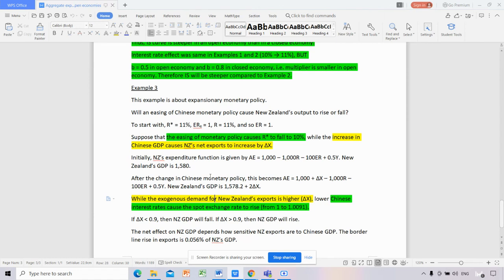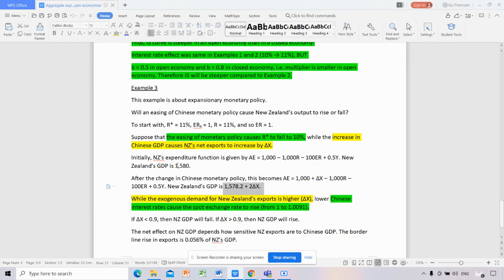So which effect will dominate? In this case, you need to compare the income, the GDP in New Zealand prior to this change in Chinese monetary policy, which is 1580, with New Zealand GDP after the change in Chinese monetary policy, which is this one.